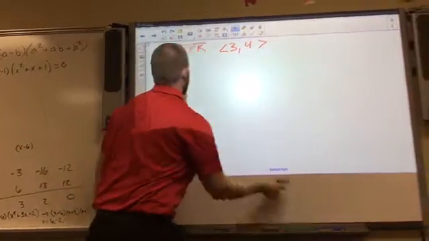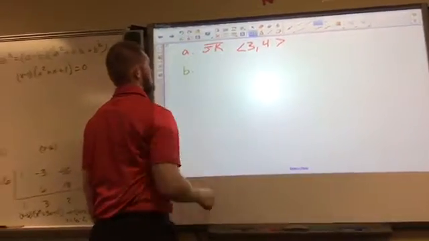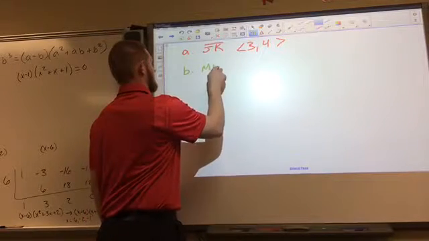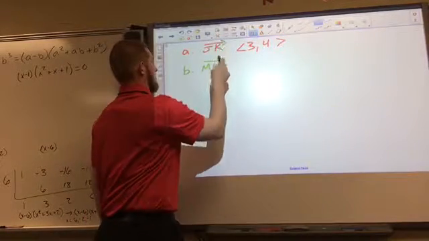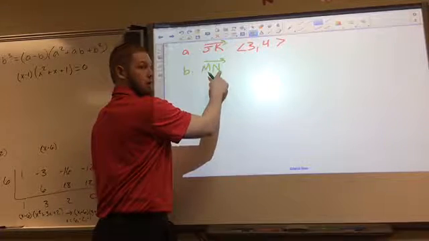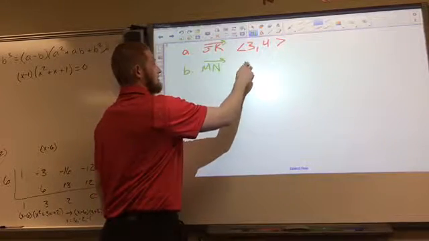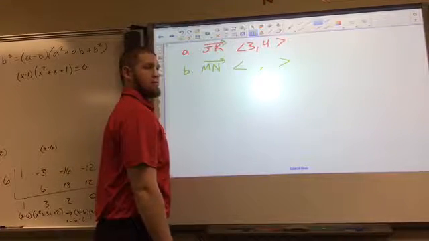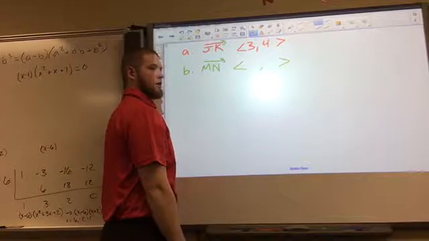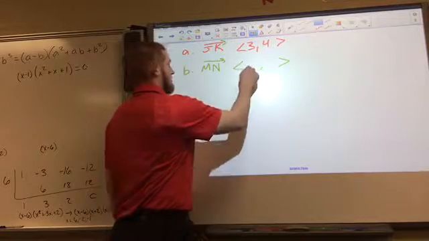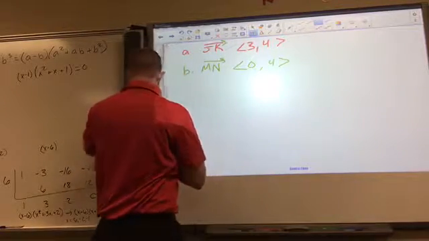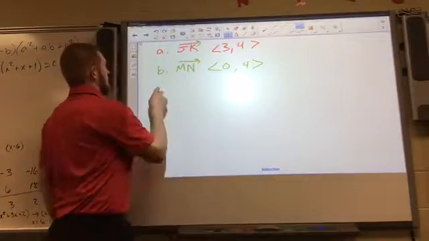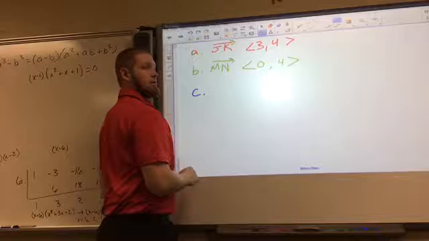Matthias, part B. That vector is what? MN, meaning M is the initial point, N is the terminal point, right? Give me the vector notation of that. That one's a little tricky. Good, 0, 4. And then the last one, Austin, name that vector.